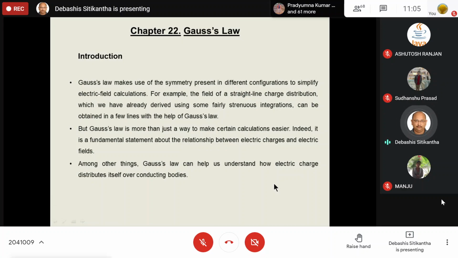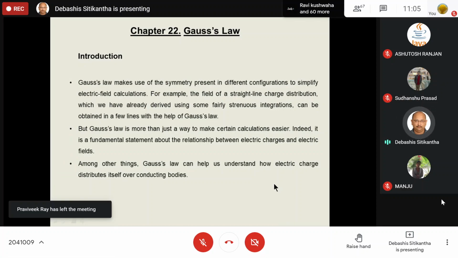There we did a lot of calculation, and that proved to be quite strenuous. Now, we will study Gauss law, and once we understand the concept, we will see that solving such problems, particularly for charged bodies like line charge, surface charge, and volume charge, is going to be quite easy.